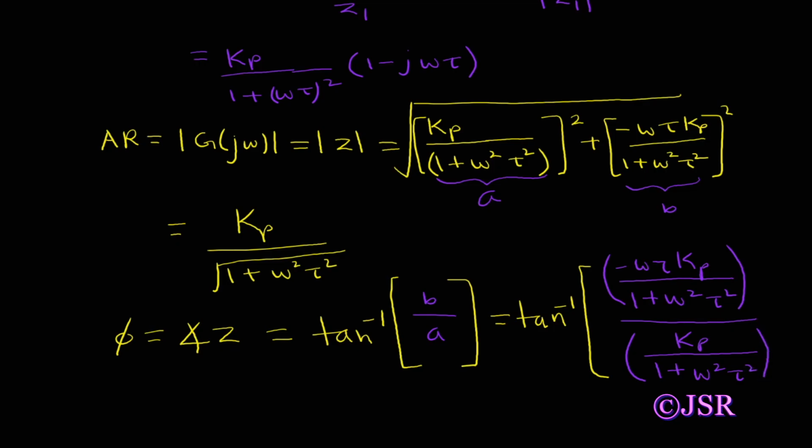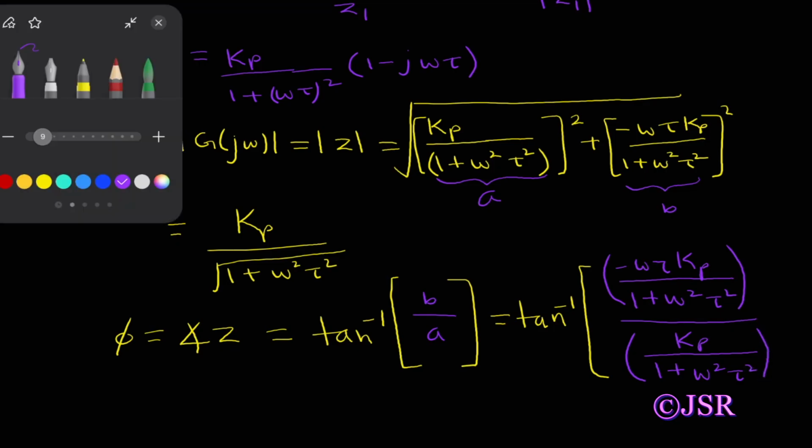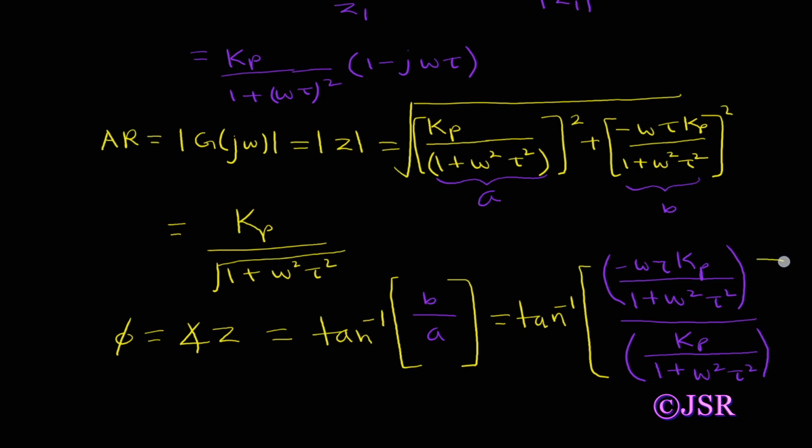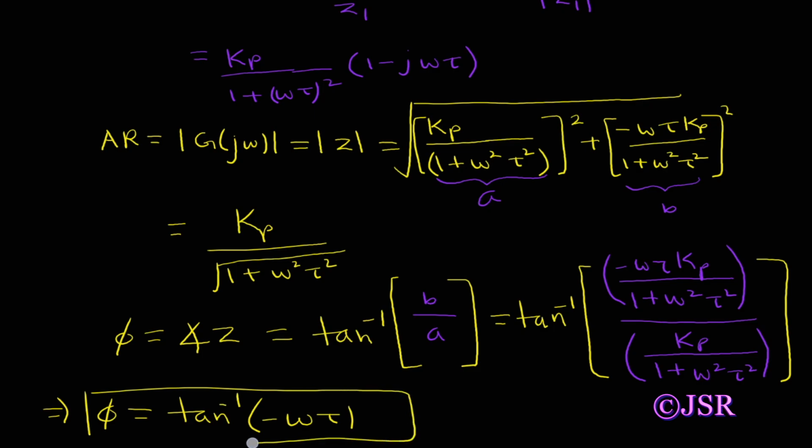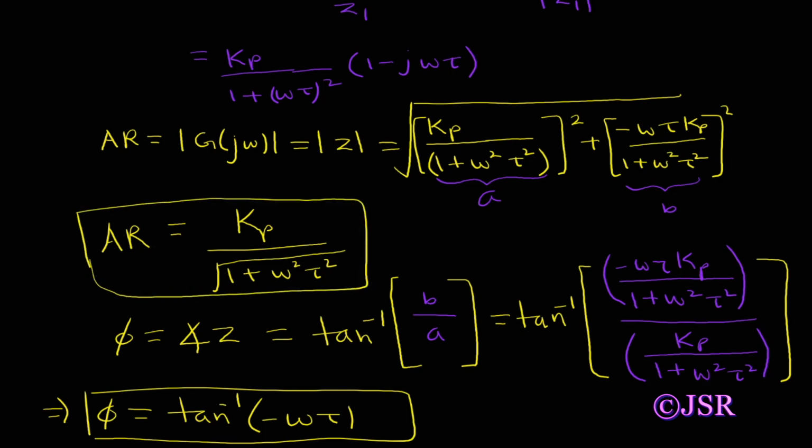This is the real part. And hence phi will be equal to tan inverse minus omega tau, and the amplitude ratio will be equal to Kp upon under root 1 plus omega square tau square.